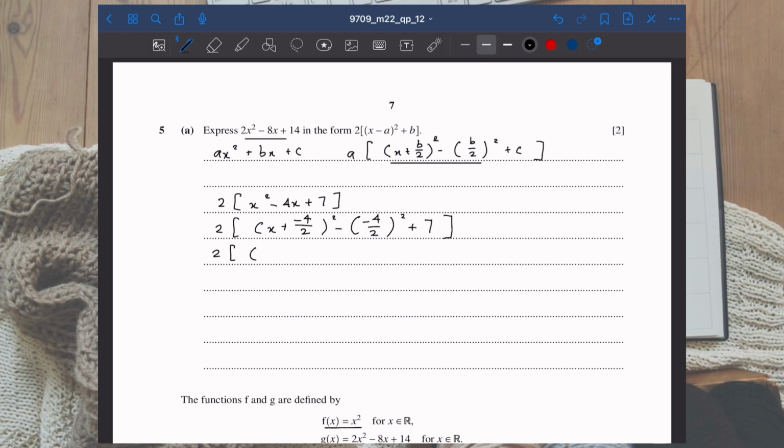So simplify. So (x minus 2) squared, negative 4 over 2 is negative 2, squared is 4, so negative 4 plus 7. So 2(x minus 2) squared, negative 4 plus 7 is 3. And that is your expression.